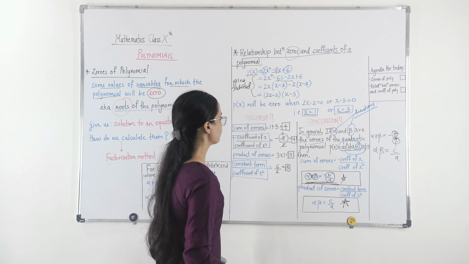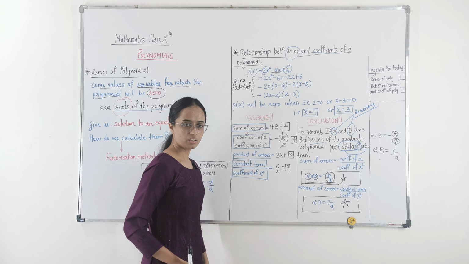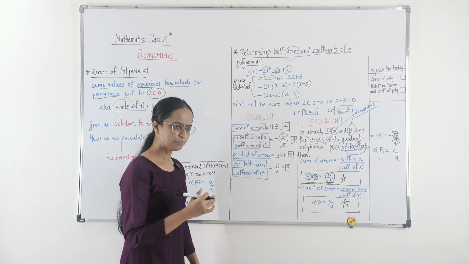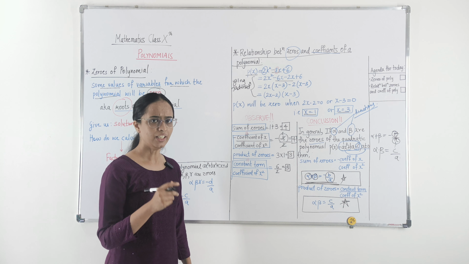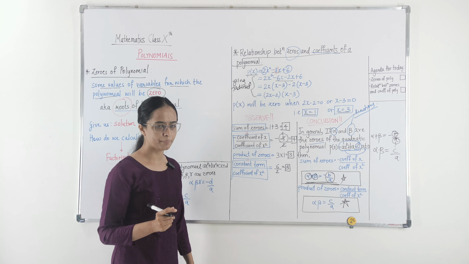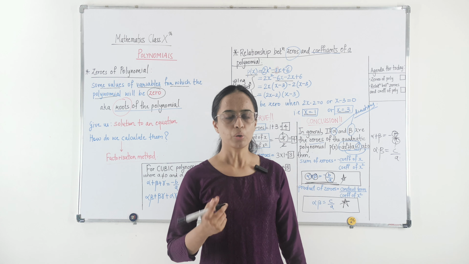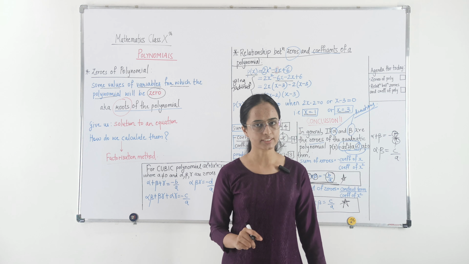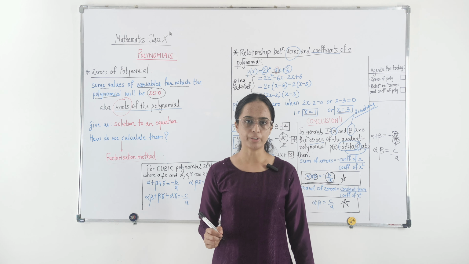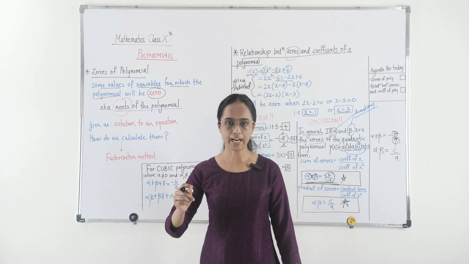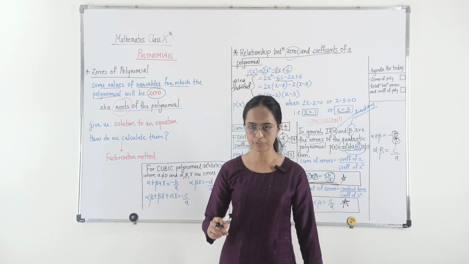Now that we have seen the relation for a quadratic polynomial, let us in short see the same thing for a cubic polynomial. Where a quadratic polynomial was a polynomial whose highest degree of variable was 2, in a cubic polynomial, as the name suggests, the highest degree of the variable would be 3.